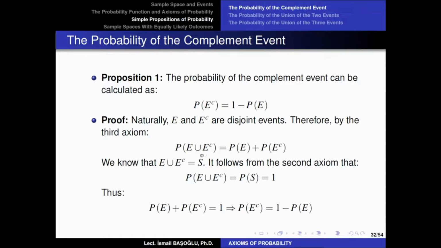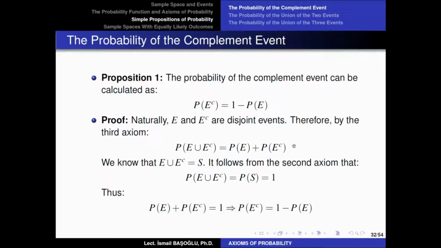And we also know the probability of E union E complement should be equal to 1 because the union of E and E complement gives us the sample space. And according to the second axiom, the unitarity axiom, probability of the sample space should be equal to 1.